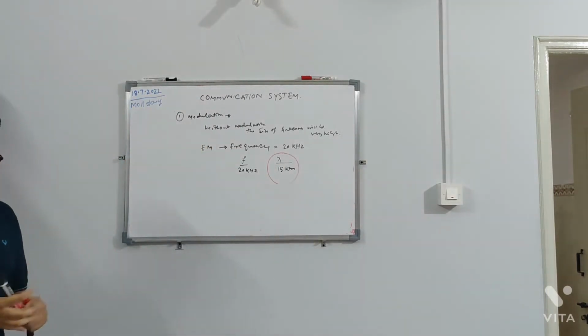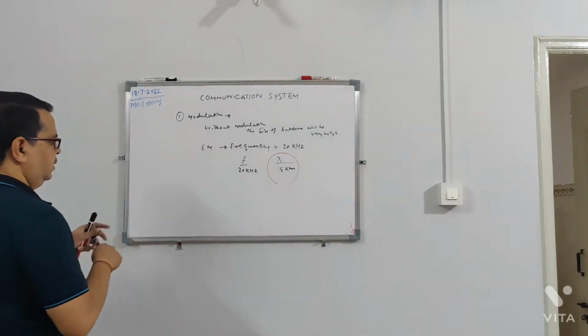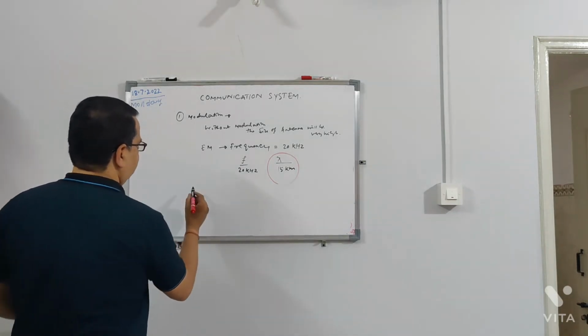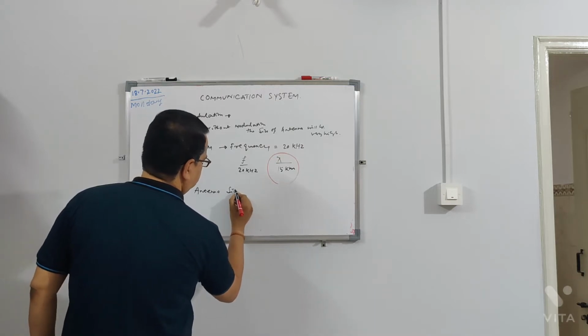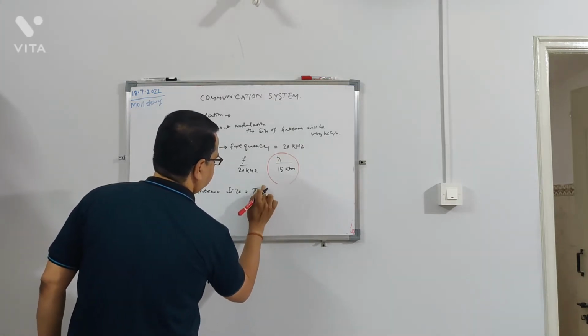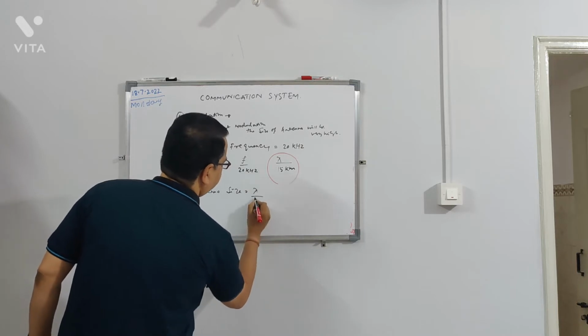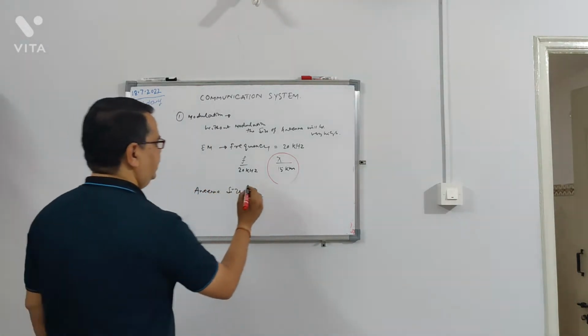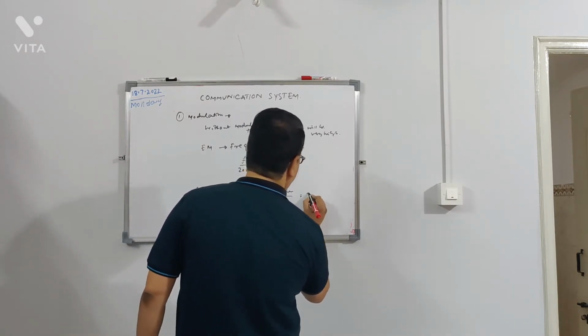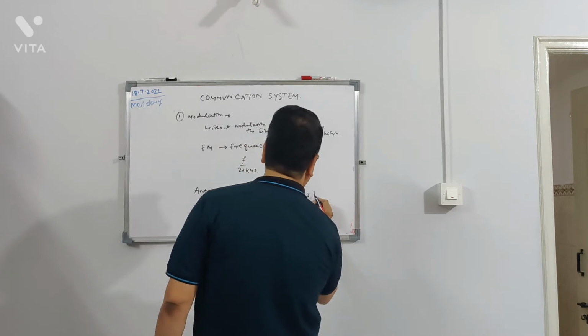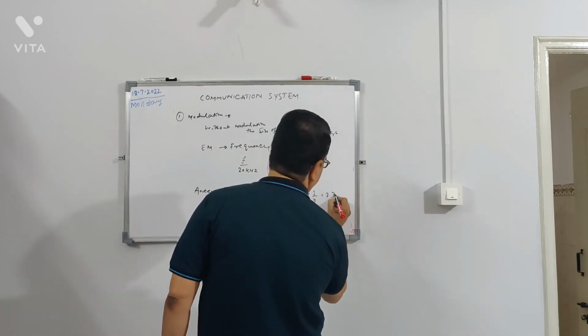As per a thumb rule, the antenna size should be at least lambda by 4, okay? So the antenna size is equal to lambda by 4. So it is 15 kilometer divided by 4, which is 3.75 kilometer.